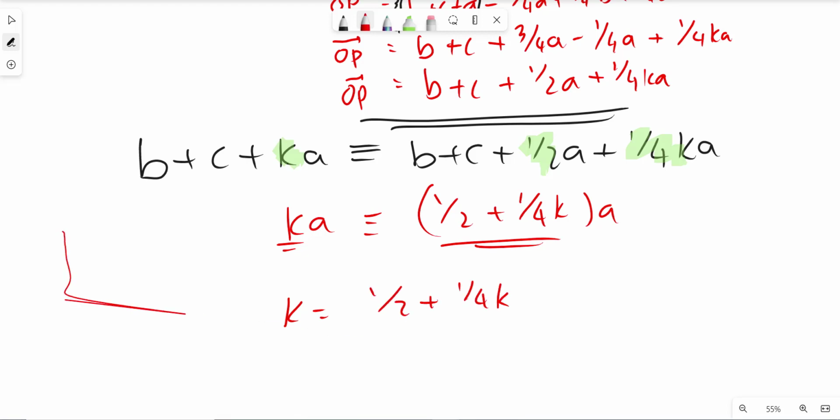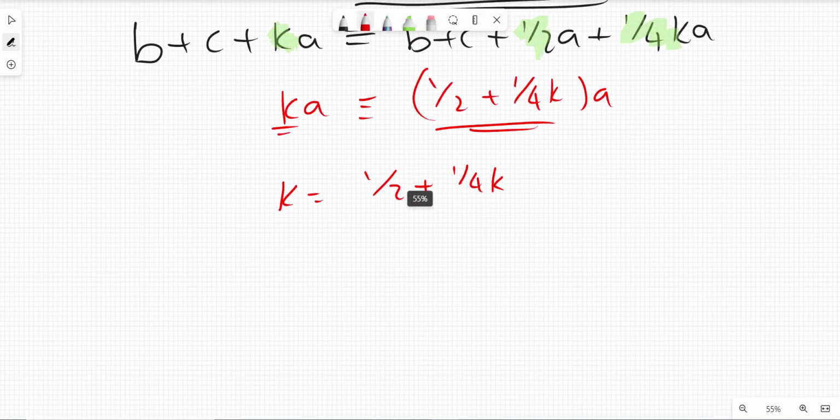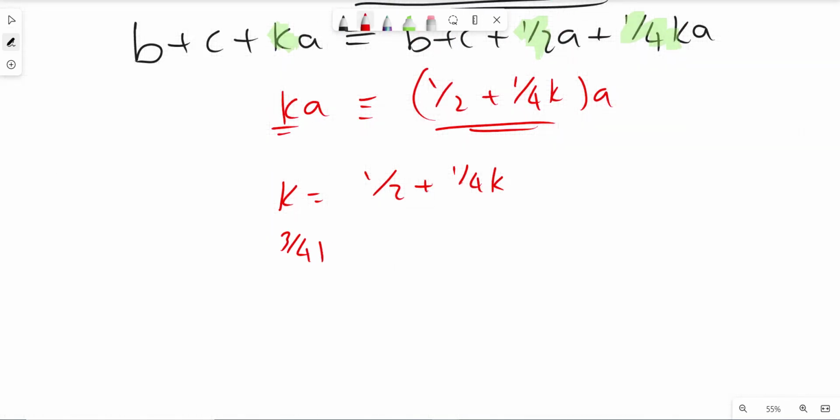And if I solve this, I get that 3/4 of K equals 1/2. So K is equal to 2/3.